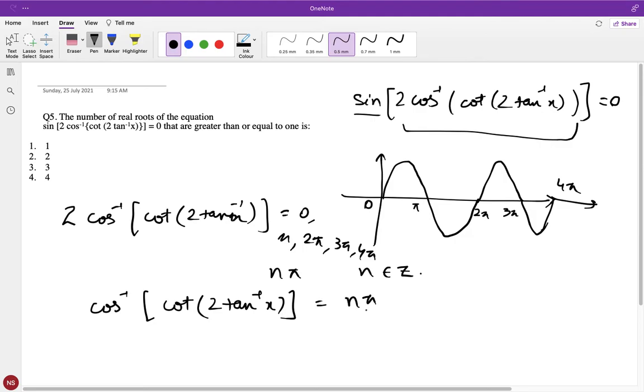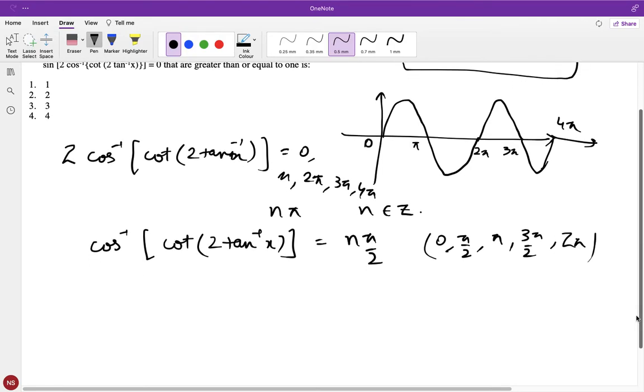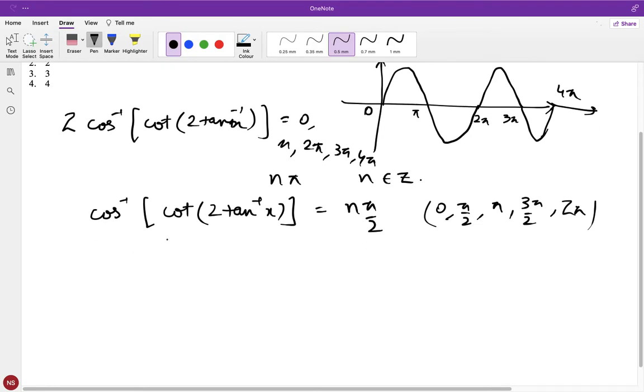This is equal to n pi by 2, or 0, pi by 2, pi, 3 pi by 2, 2 pi. Just an example. Now take cos on both sides. Now we need to find out these values.